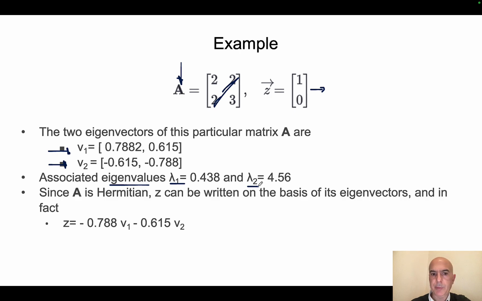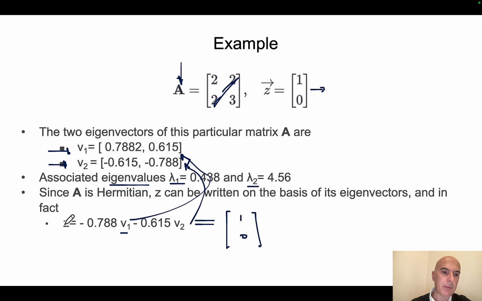Since A is Hermitian, the vector z can be written in the basis of its eigenvectors, and in fact it's easy to show that minus 0.788 multiplied by this vector here, minus 0.615 multiplied by this vector here, gives our vector 1 and 0.